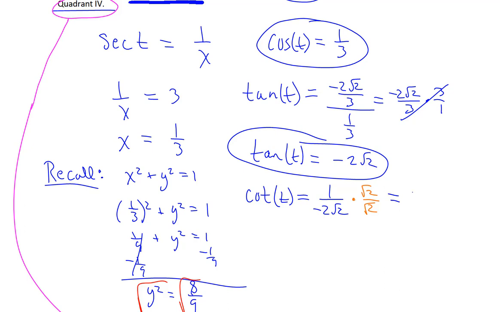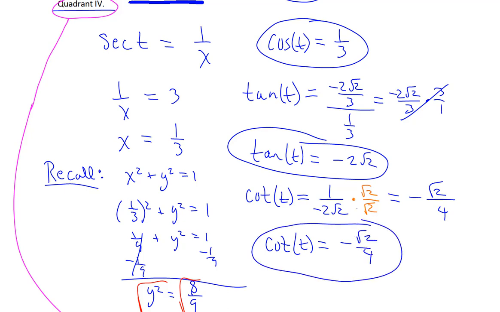And when doing so, notice it's going to be a negative value because we had a negative sign there. We'd have a root 2 on top, and down below we'd have 2 times root 2 times root 2. Well, think about this. Root 2 times root 2 is just 2, so that times 2 would be 4. So we get negative root 2 over 4. We rewrite this for cotangent of t. We get negative root 2 over 4.